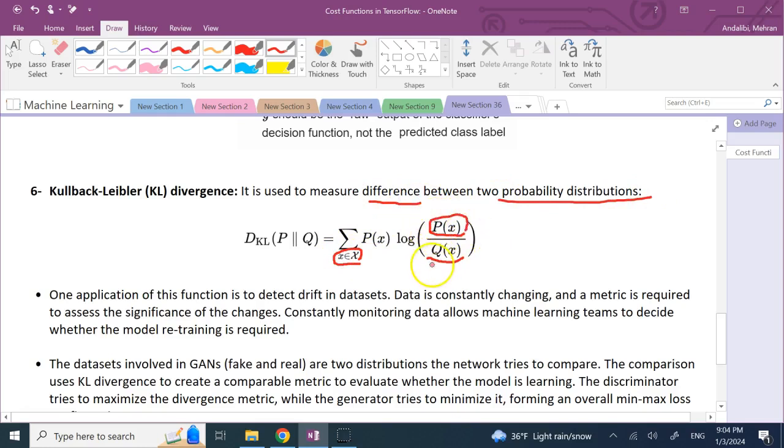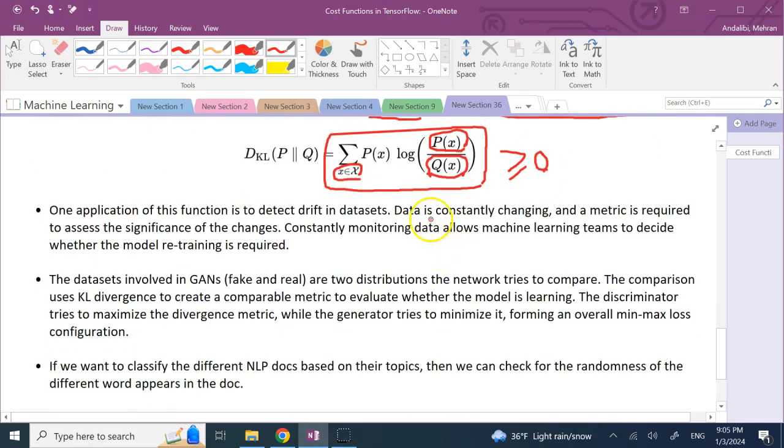So if you have 2 distributions and you want to see how close they are, you calculate this divergence for them. If it's 0, that means they are identical. If P and Q are the same, this ratio will be 1, and log of 1 will be 0. If they are different, then this number will be bigger than 0. So this number is greater than or equal to 0, and if it's 0, it means they are identical distributions.